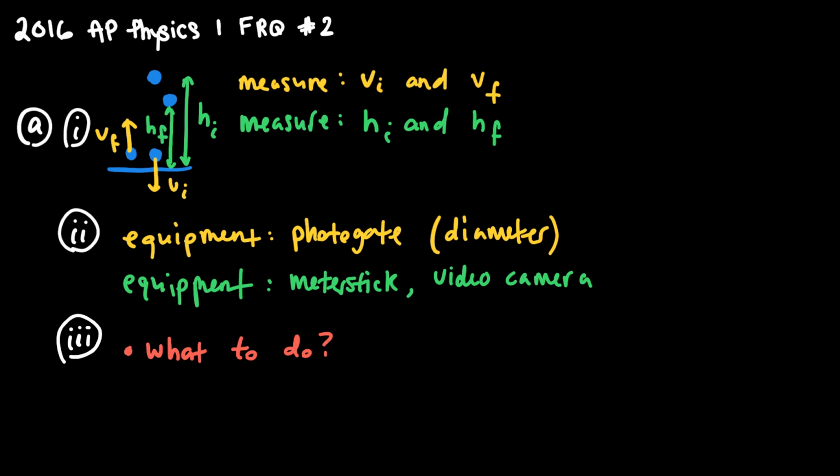In the second case, I need to state that I'm going to drop the ball along the length of the meter stick, so that I can record the initial and final heights using my video camera. And obviously you need to make sure that the meter stick is high enough that I can see the release position of the ball and the return height of the ball on that meter stick, which, if you're trying to go to pretty high heights, then maybe you need a couple of meter sticks.